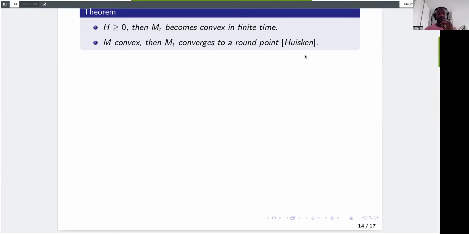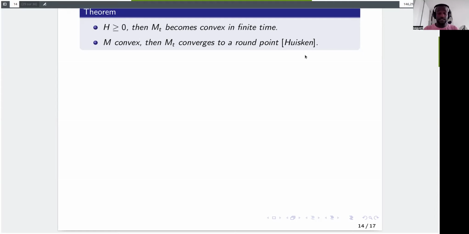This means when we zoom so that the area inside is constant, we converge to a sphere. But we do not converge to a sphere in finite time unless we start with a sphere. So we are getting closer and closer to a sphere.